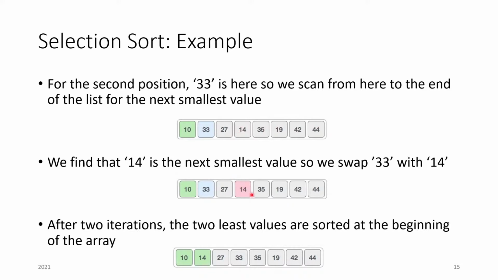We find that 14 is the next smallest value. So for the unsorted array, we swap the leftmost value with the smallest value in the unsorted array. And when we do the swap, these two values will be in order, and those will also form our sorted array accordingly.